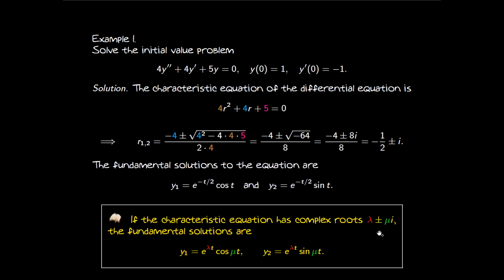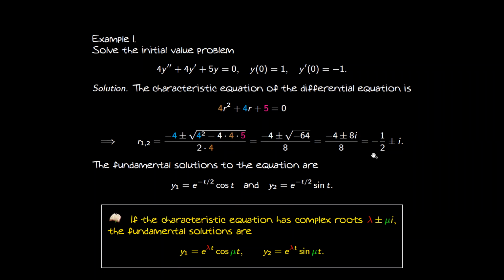In particular, if we have complex roots as lambda plus mu i, then we know the real part, lambda, is going to contribute to the exponential factor. And the imaginary part, mu, is going to contribute to the trig parts.